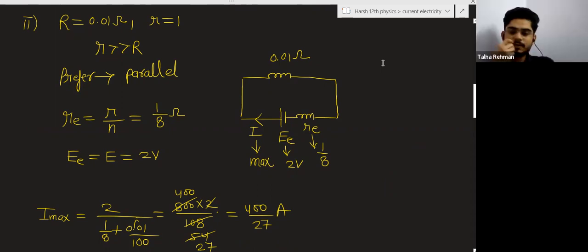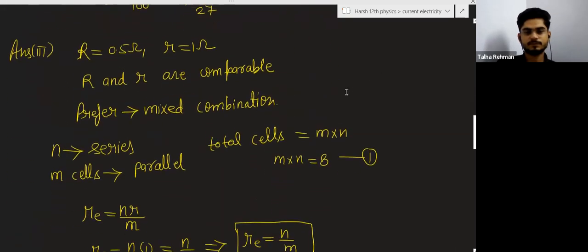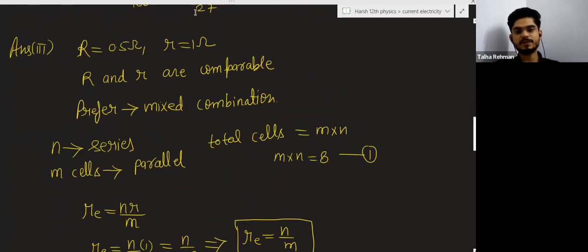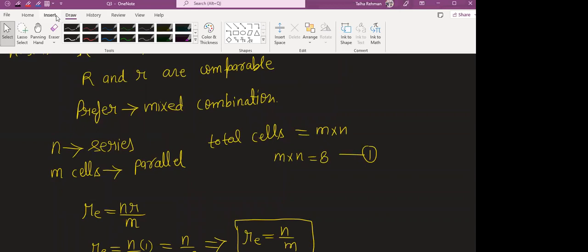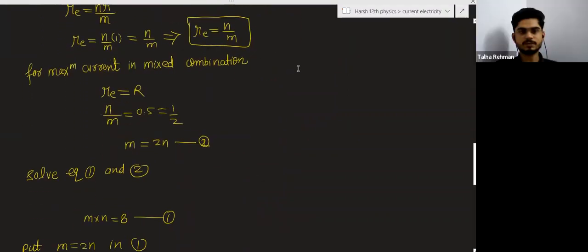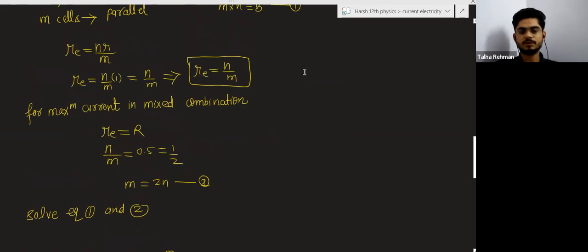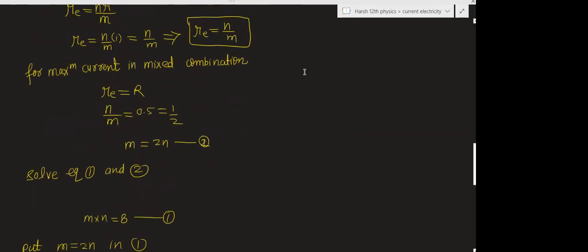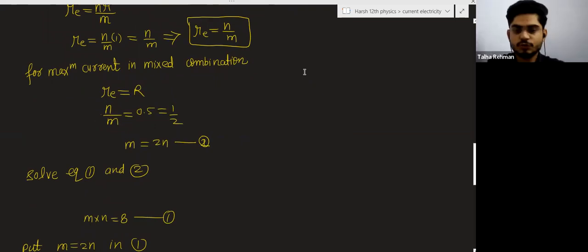Solving a numerical is a completely different process. But you should know what is N, what is M, what is RE, all the symbols you should know. Otherwise, you will get confused here.